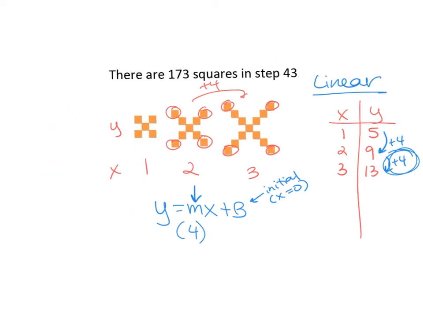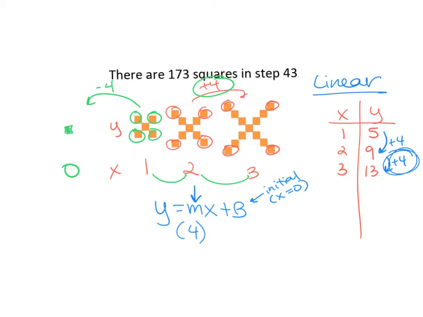Now the b is called your initial value, but in this case, it's when x equals 0. If we look at our little pattern here, we're going up by 1s each time, but we started out with 1. If we go backwards to stage 0 and take off 4, because we were adding 4 going to the right, going backwards you subtract 4, or you take off these 4 to see that you originally started off with 1 little cube.